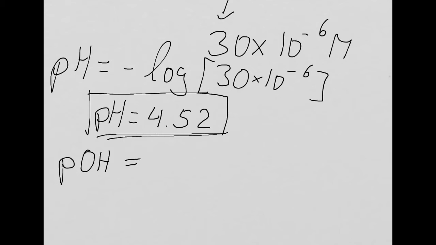So pOH is 14, take away 4.52, gives you 9.48. Do you get that? Simple. Very simple.